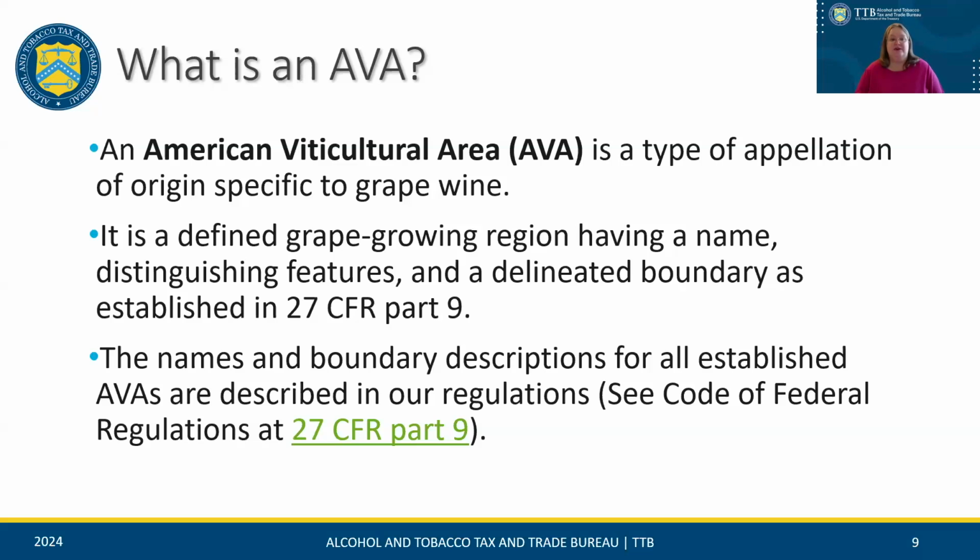And an AVA is defined as a grape growing region that has a name, distinguishing features, and a delineated boundary that's established in the TTB regulations at 27 CFR Part 9. And if you go to 27 CFR Part 9, you will see the names and boundary descriptions for all the established AVAs.